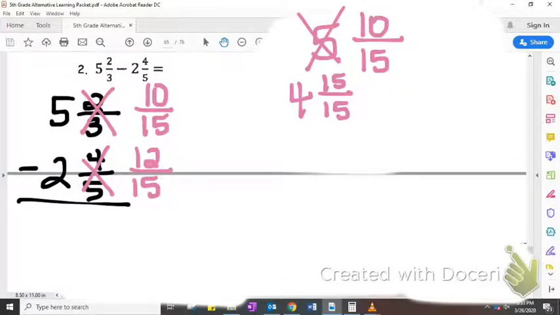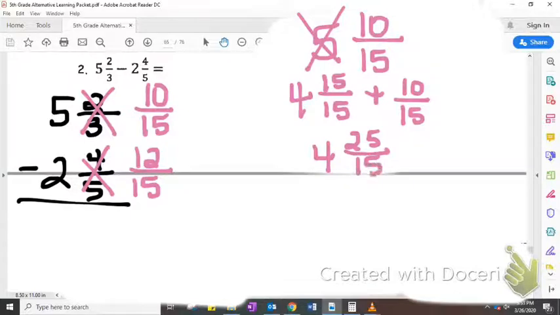So now I'm going to rewrite it. It's 4 and 25/15.